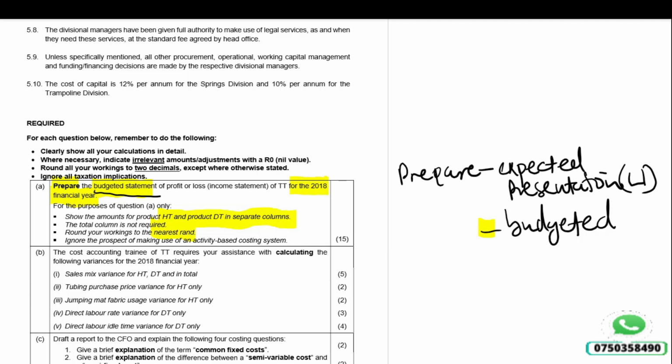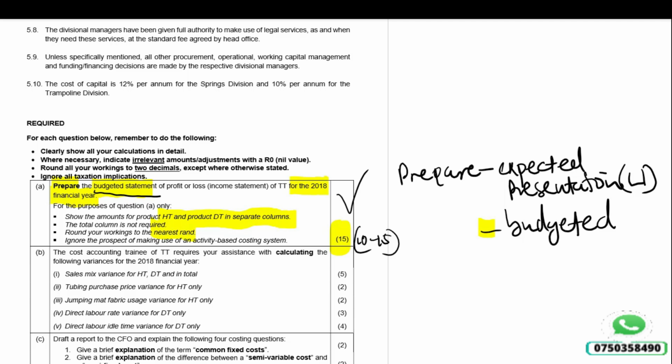Like I told you, this carries a weight of mostly 10 to 15 marks, and it is always there in your exam. If you go back to the previous MAC 3701 papers, you always find a question that requires you to do an income statement, either under absorption or direct costing.